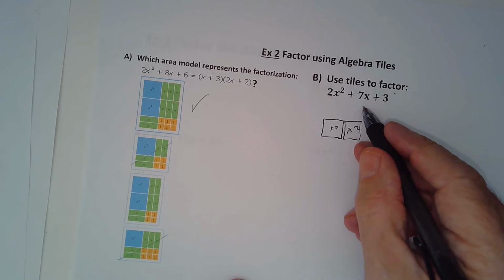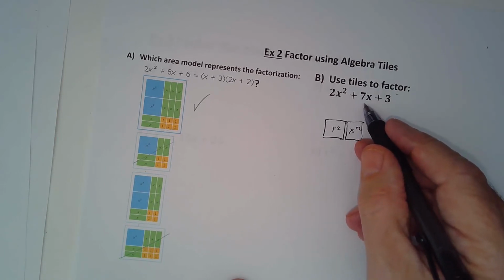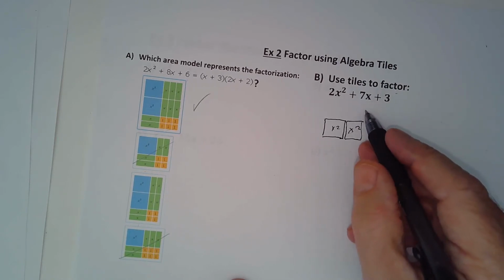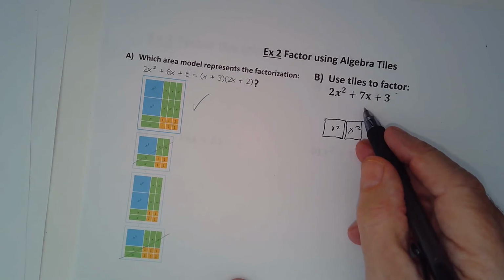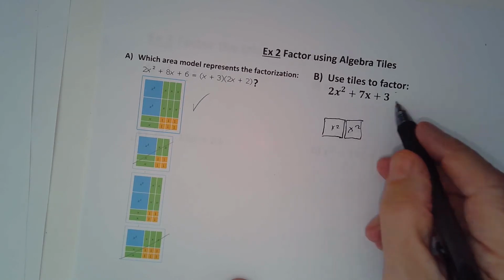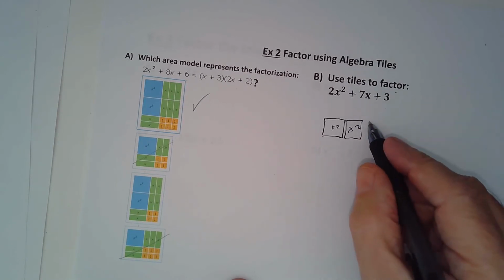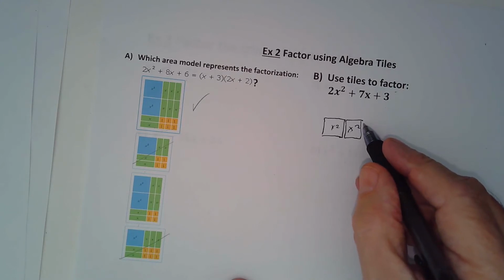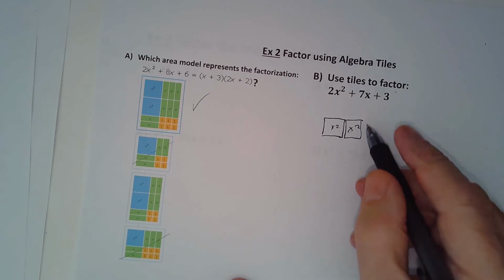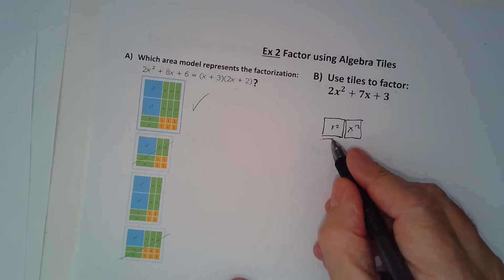I could break it up into 3 and 4. I could break it up into 6 and 1. But I got to get 3. So to get 3 here, I would have to have probably the 6 and 1. So that means I'm going to have 1x here.